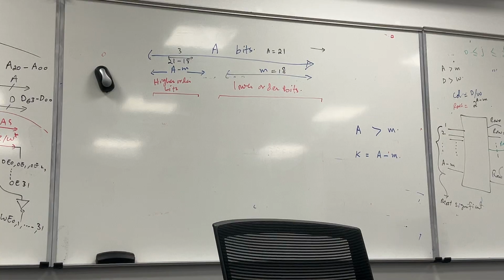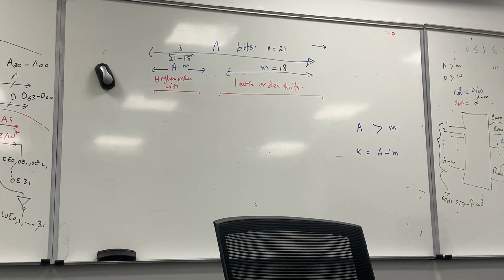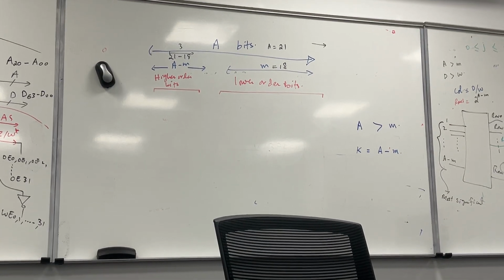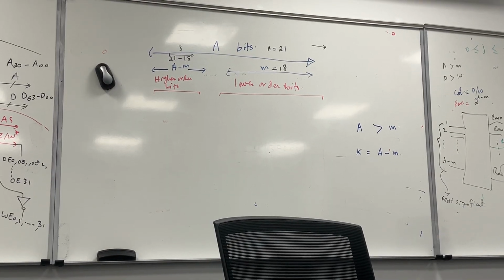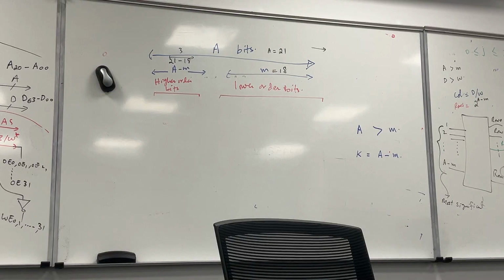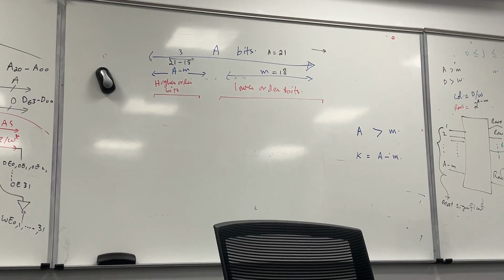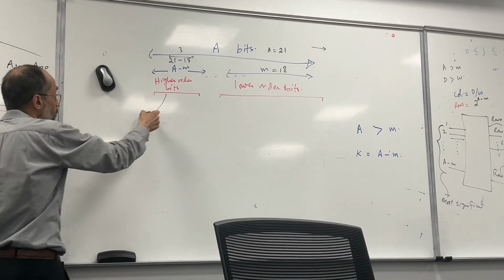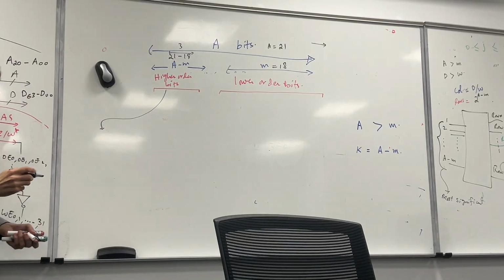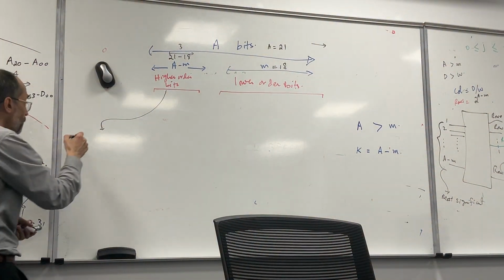So we can partition the microprocessor address into two parts: the higher order part and the lower order part. The higher order part is A minus M, and the lower order part is M. If you add them, it results in A. This higher order A minus M will go where? To the input of the decoder.